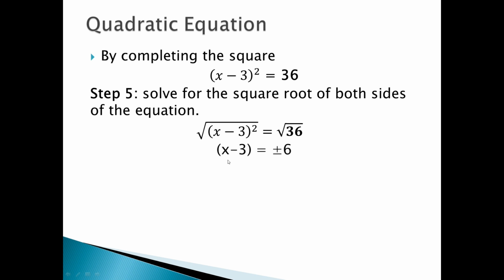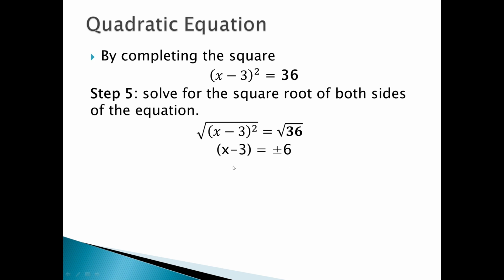So we have x minus 3 equals the square root of 36, which will be plus or minus 6, because 36 is a product of positive 6 times positive 6 or negative 6 times negative 6, right? So the square root of 36 is either plus 6 or negative 6. So we now have x minus 3 equals plus or minus 6.